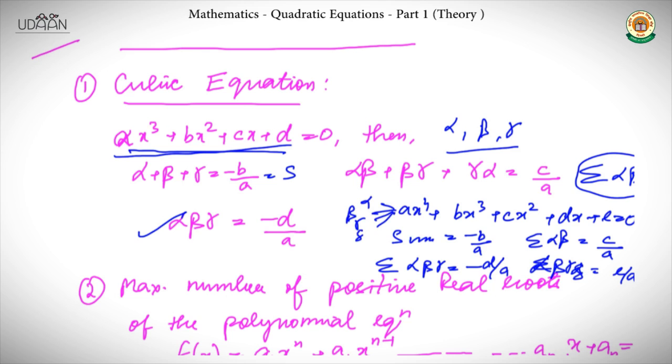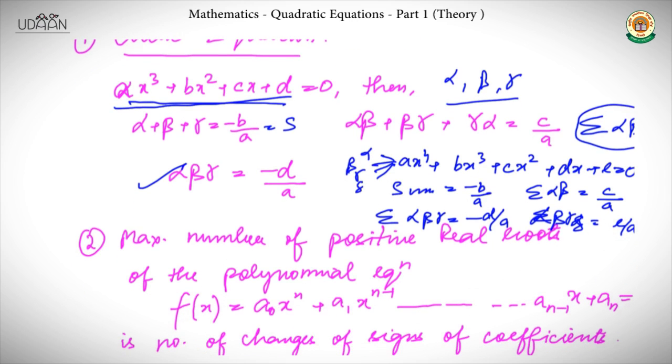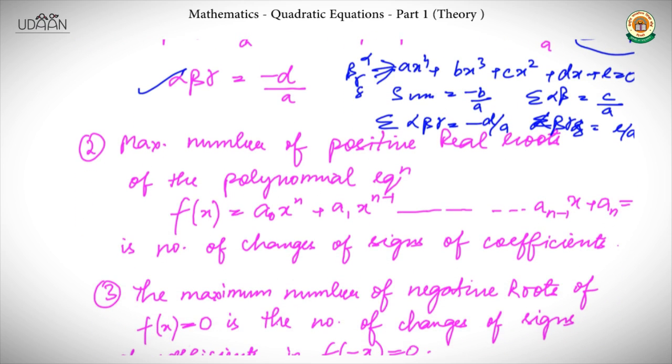Right. So this was all for the cubic equation. Now, the maximum number of positive real roots of a polynomial equation. Let the polynomial equation of power n be defined as f of x equal to a naught x to the power n plus a1 x to the power n minus 1 and so on till a n minus 1 x plus an, equal to 0.